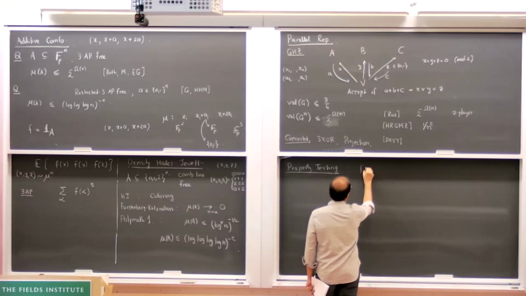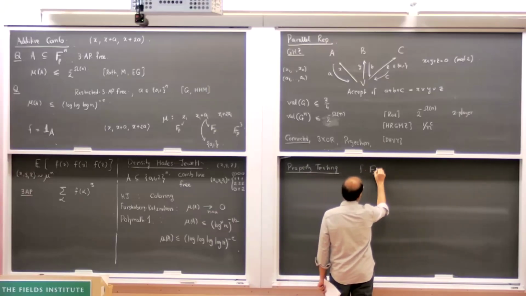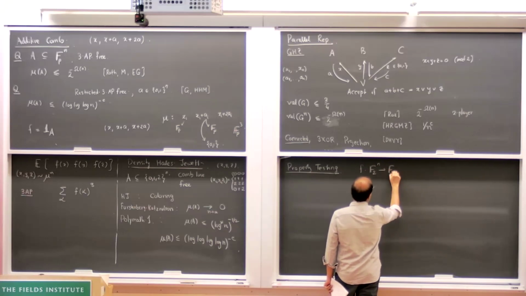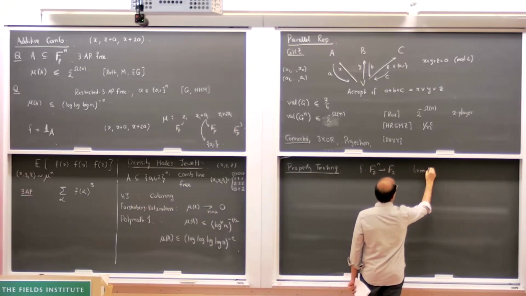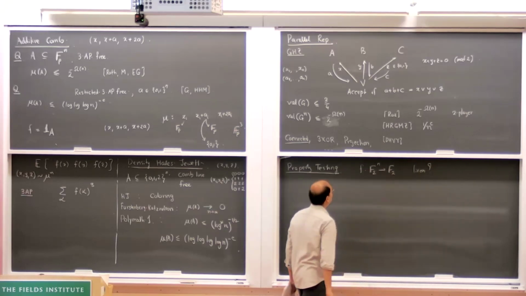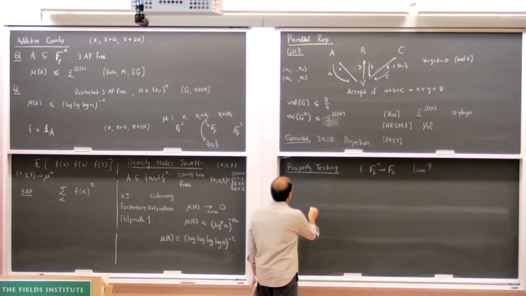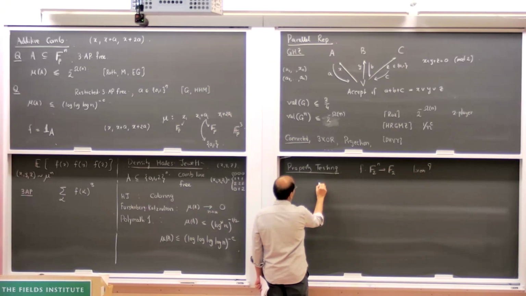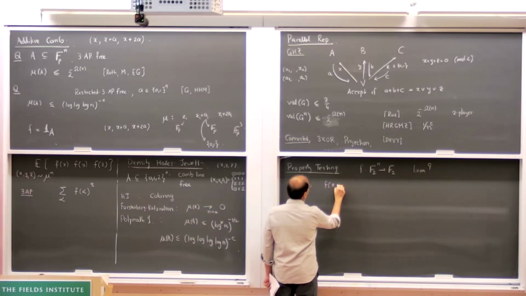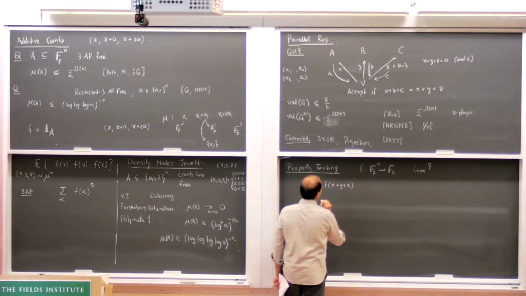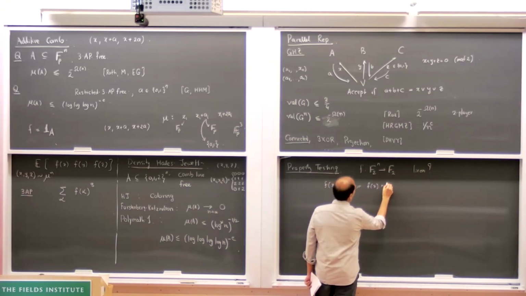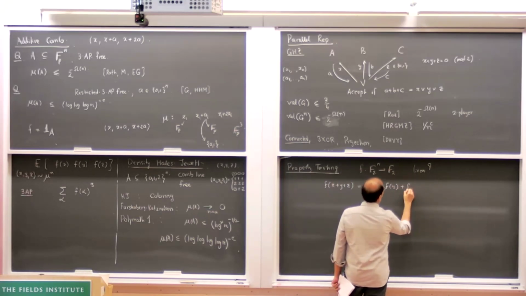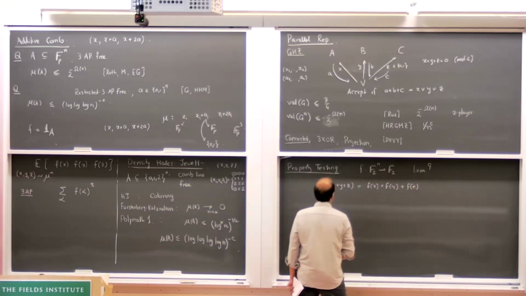Suppose you have a function f from F2^n to F2, and you want to check if the function is linear over F2. You could devise the following test. You pick 3 random inputs x, y, z, and check if f(x+y+z) equals f(x) + f(y) + f(z), everything over F2.